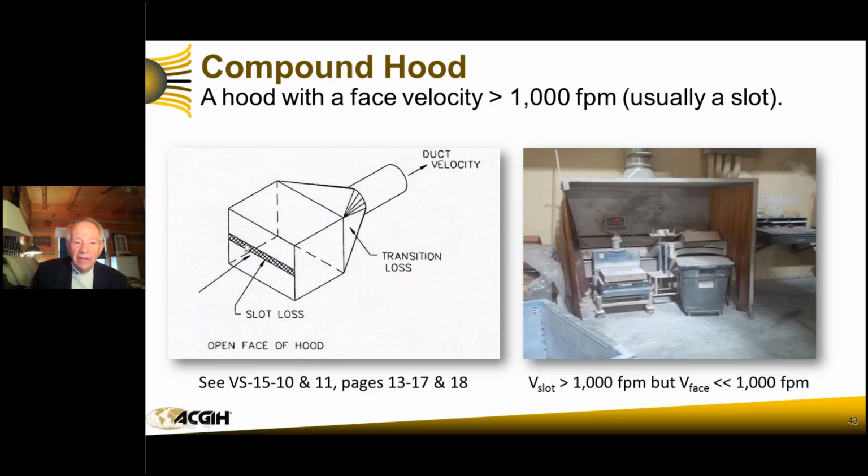So what we say is our slot velocity must be in excess of twice the velocity in the plenum behind it, and it should always be greater than 1,000 feet per minute.